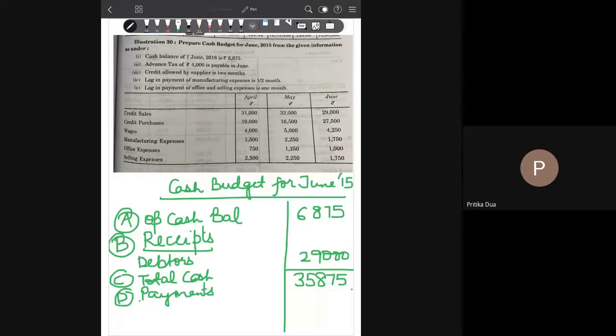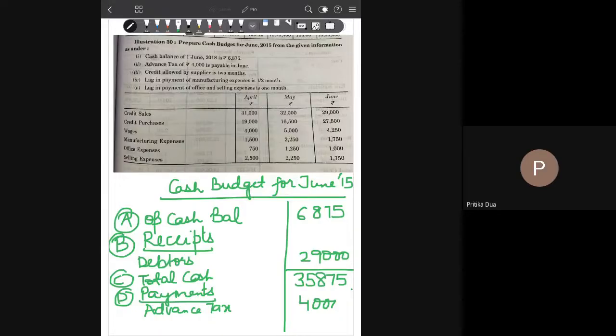So first payment in the question itself is given that an advance tax of 4,000 is being paid. So advance tax 4,000. Credit allowed by suppliers. Suppliers here means that the credit purchases you have made, the supplier is offering you a credit for 2 months.